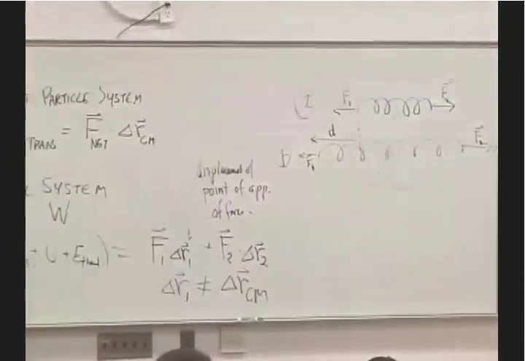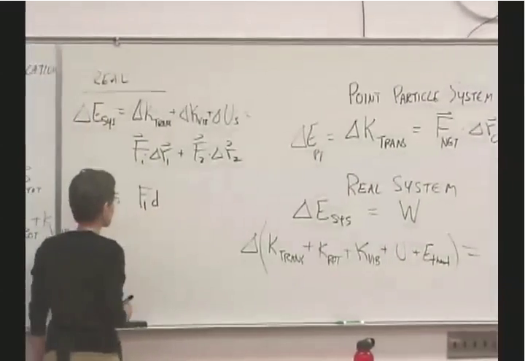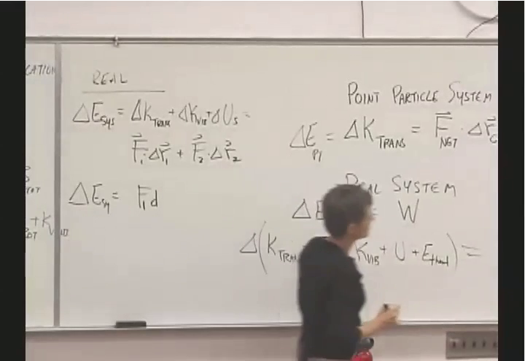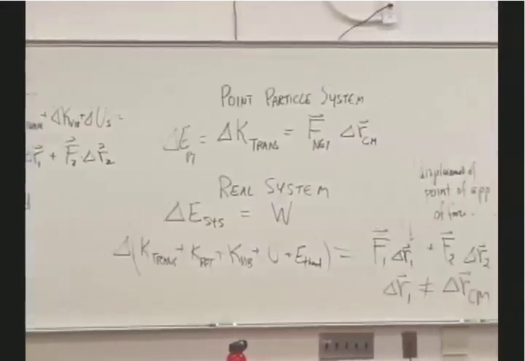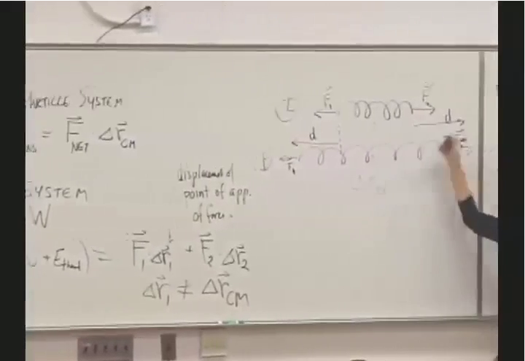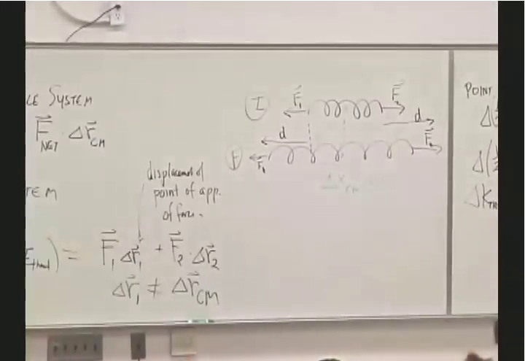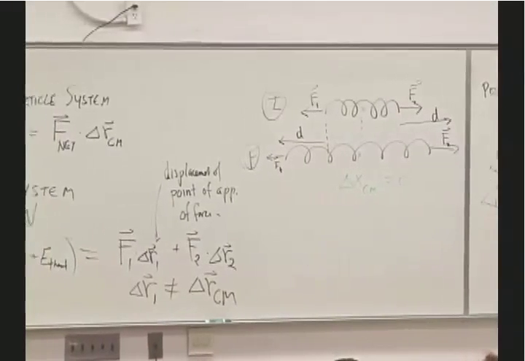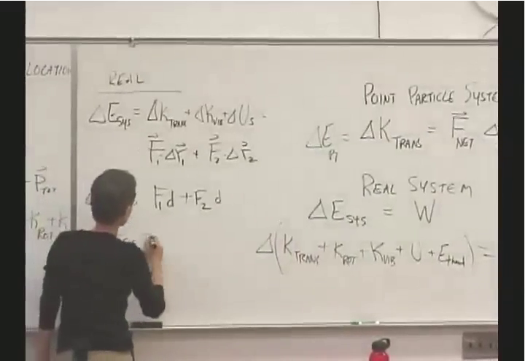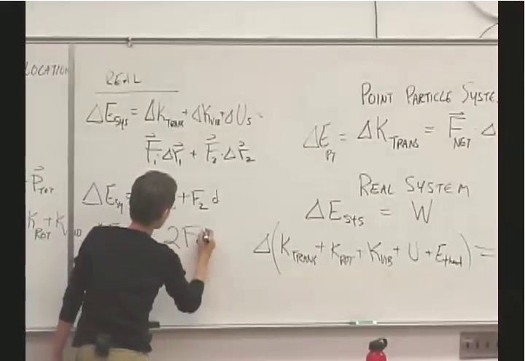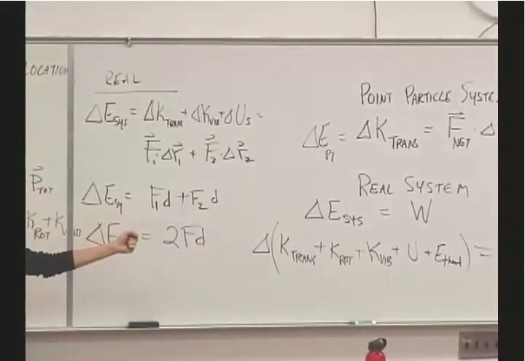So we have F1d, and it's a positive number. Okay, over here we have an F2, and it acted through a distance d, and again the force is in the direction of displacement. So we have F2d, and so it looks like the change of energy of the real system is 2FD. That's the amount of work that I put into the real system.